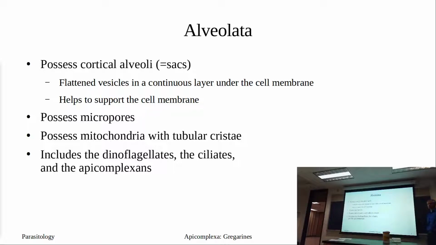Members of this group also possess micropores. These are small openings in the plasma membrane that small molecules can go into and then be absorbed by the individual. Our individuals have mitochondria with tubular cristae. So we've seen those tubular cristae before, right?